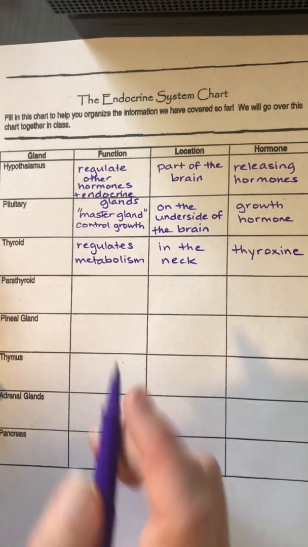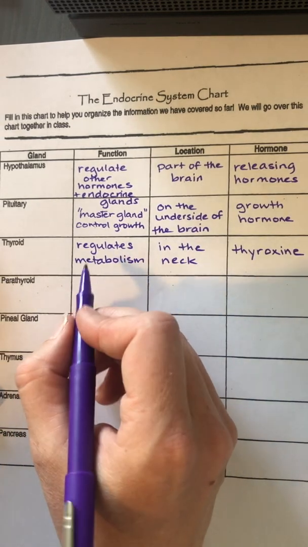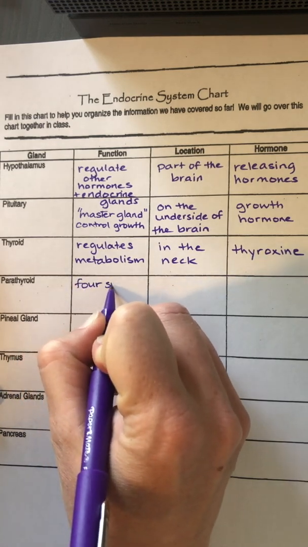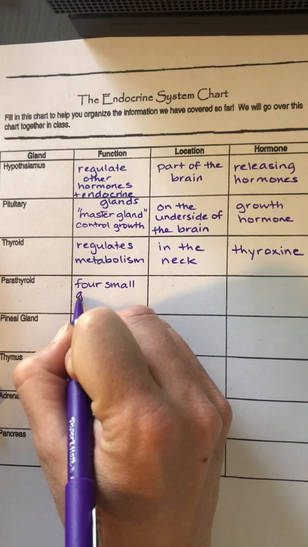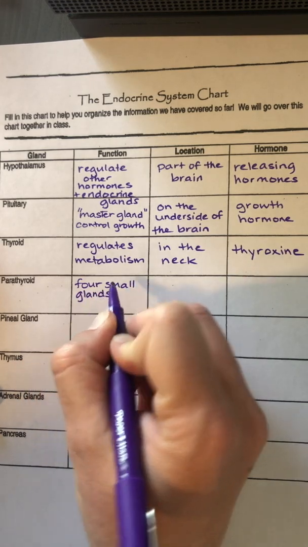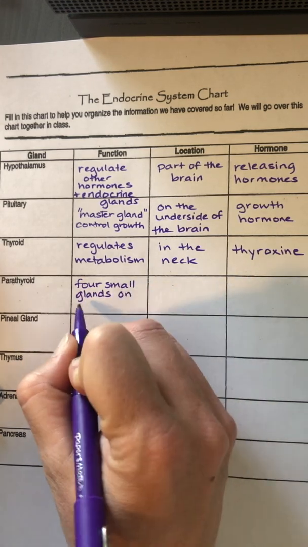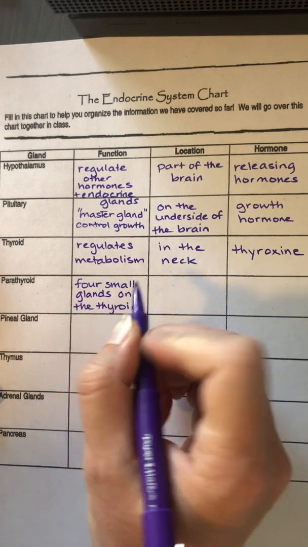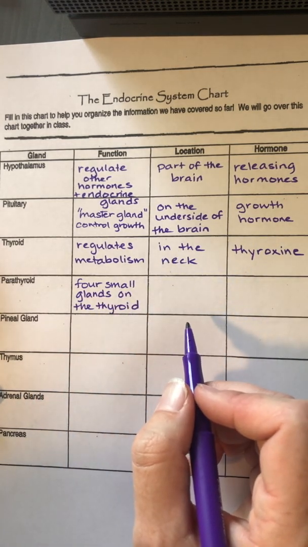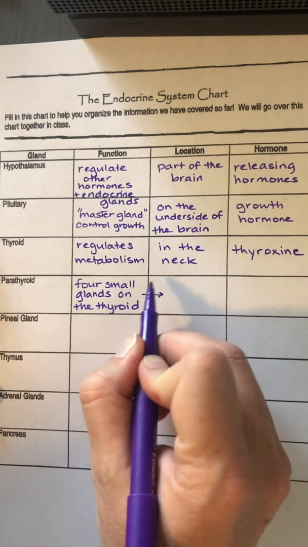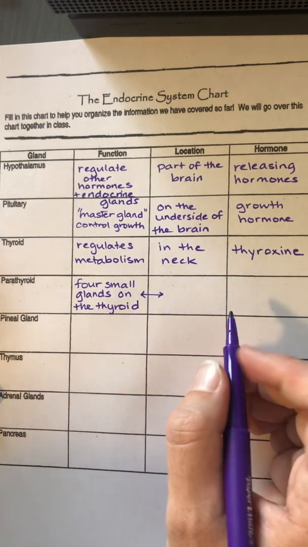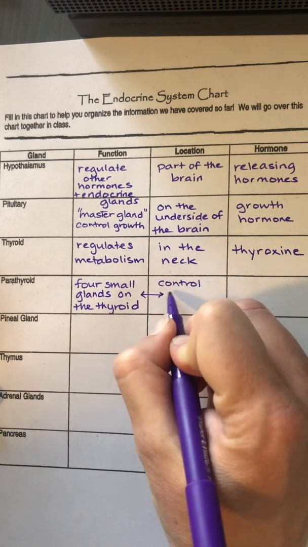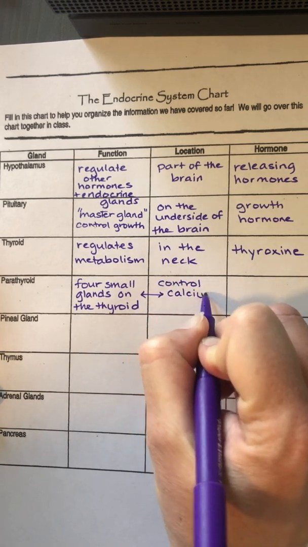Next in our list, we have the parathyroid. The parathyroids are 4 small glands on the thyroid. Oh, sorry, I switched function and location, so let's put the function over here. Their function is to control calcium levels.